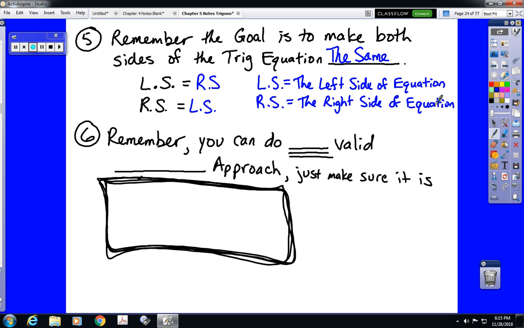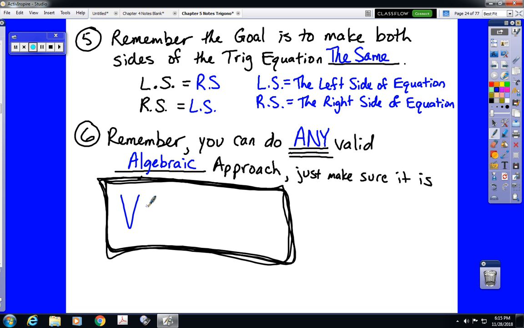Now, last but not least, remember, you are allowed to do any valid algebraic approach. That means you can cancel, you can multiply, you can divide, you can add, you can subtract, you can substitute. Anything you've been allowed to do with numbers and expressions in algebra, you are allowed to do while you're proving trig expressions.